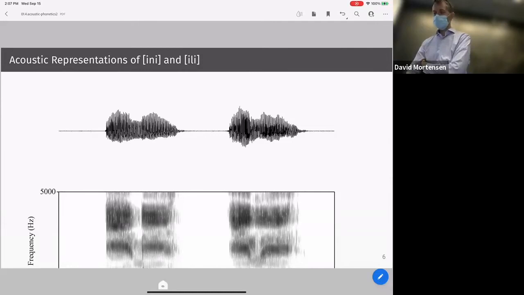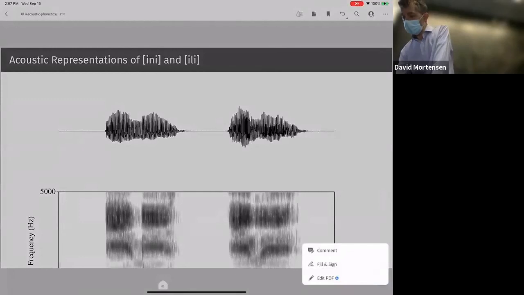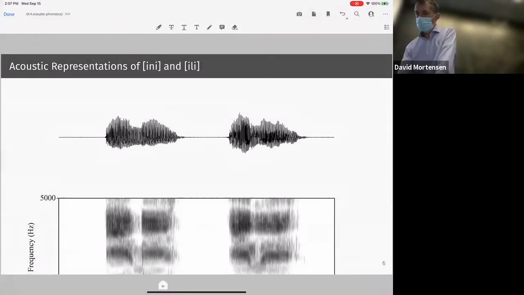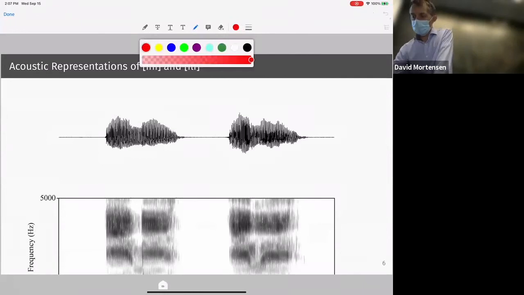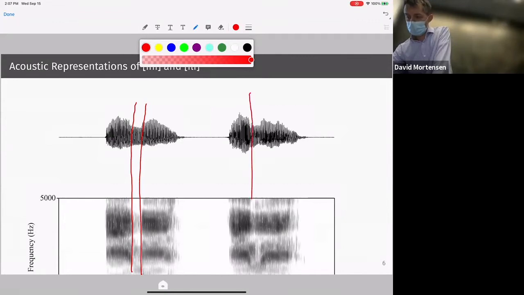It's true, and you can see the N begins here and ends here, and the L begins here and ends roughly here.